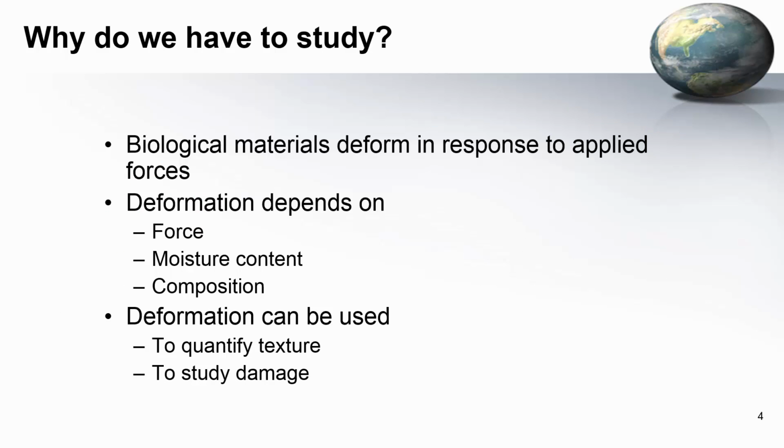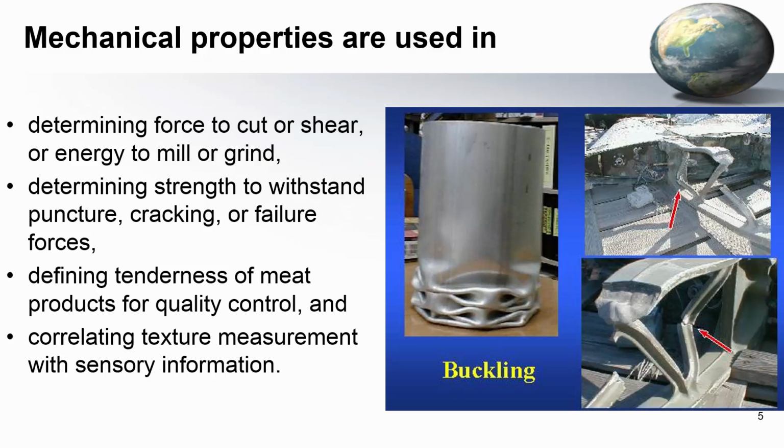Why do we have to study this? When you apply forces, the biological material deforms, especially solids. The deformation depends on the stress, moisture content, and composition. In turn, you can use the deformation to quantify the texture of a material, to study damage, or even to estimate the strength of the material.